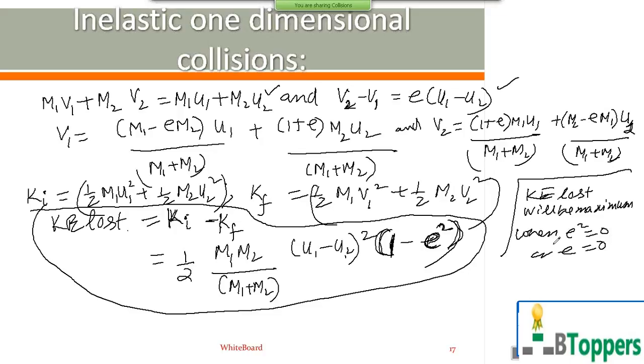E is 0 in the case of completely inelastic collision. So if the two colliding bodies stick together or move together after collision, then e will be 0 because v2 and v1 will be equal. Then the greatest possible loss of kinetic energy takes place. That's why when the two colliding bodies move together or stick together after collision, we call it a completely inelastic collision.